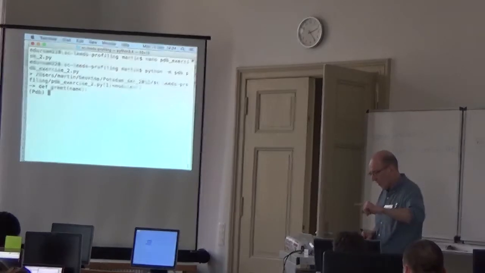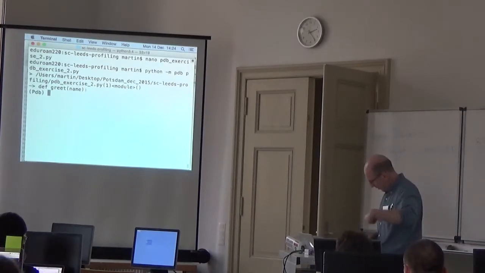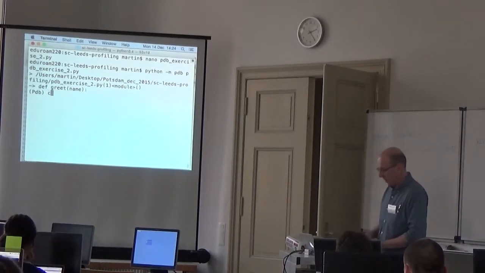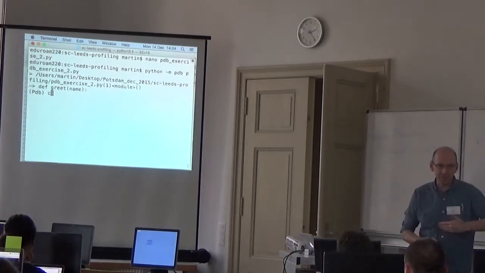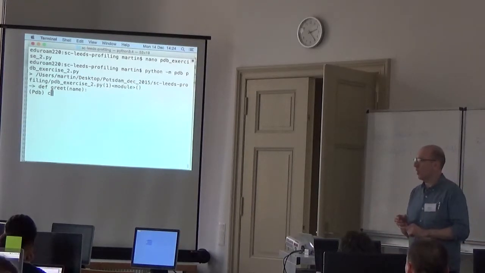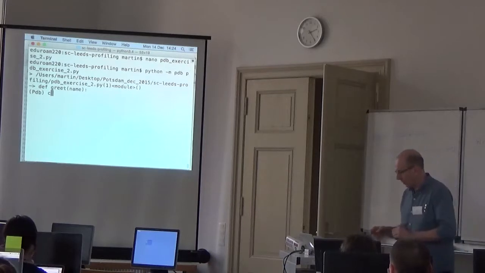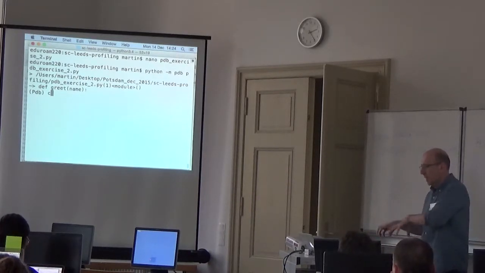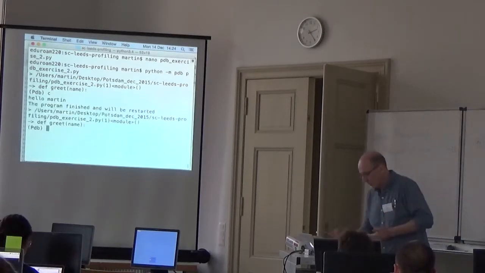This time, instead of going through a line at a time, we're going to execute the whole thing. And there's command c, which stands for continue execution, which will allow the program to run naturally. So this is just the same as actually typing python pdb exercise 2.py. So let's see what happens.